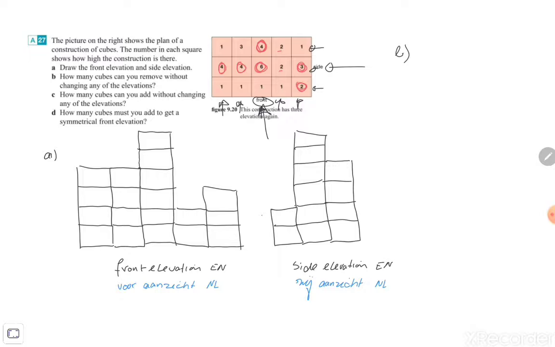Doesn't matter which one, because if you choose this 2, you will find it in the front elevation, but not with the side elevation, because the side elevation was the highest one, 4. If we choose the other 2, then you will find the 2 with the front elevation, but not with the side elevation, because the highest one was 6. Yeah, so I'm gonna choose this one in the middle of the side elevation.